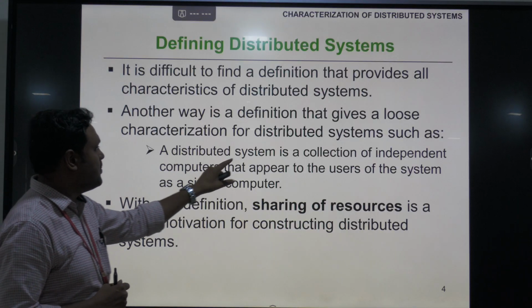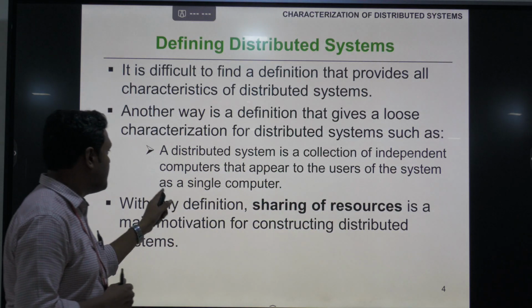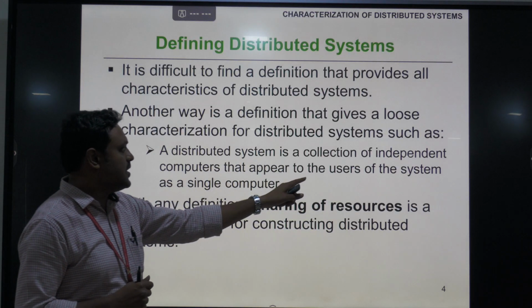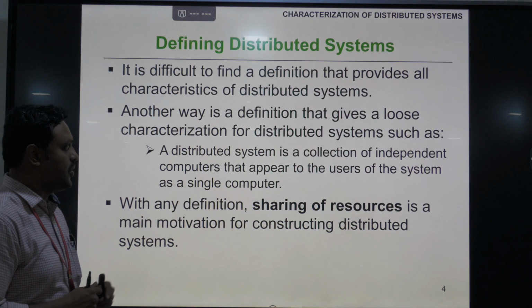A distributed system is a collection of independent computers that appear to the users of the system as a single computer.